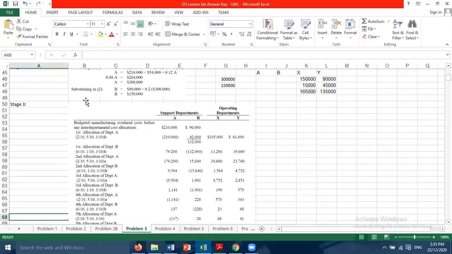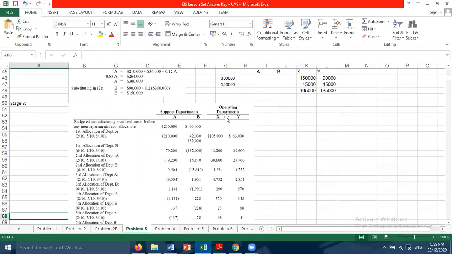However, unlike the step-down method, we allocate the cost from B again to A as well. In this case, B has 132,000 to allocate, right? Unlike the step-down method, this time we still recognize support department A. So we allocate 132,000 to the support department A, X, and Y. After we allocate this again, that means A still has cost to allocate, right?